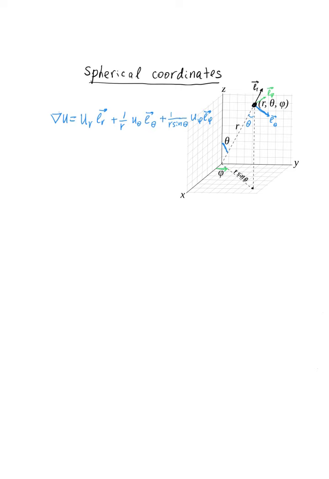Now in spherical coordinates, for the gradient we have a similar expression. We'll have two angles here, angle theta with the z-axis and angle phi with the x-axis.